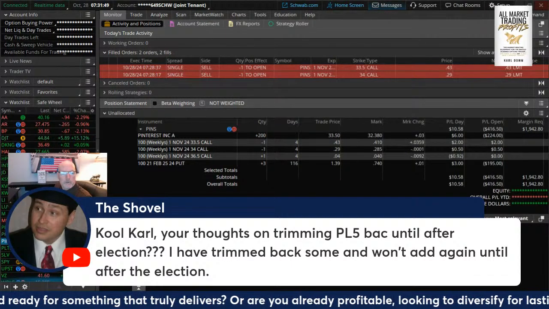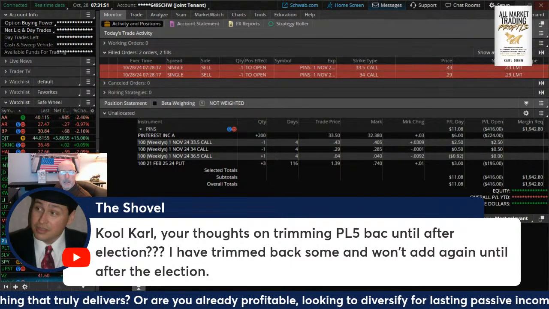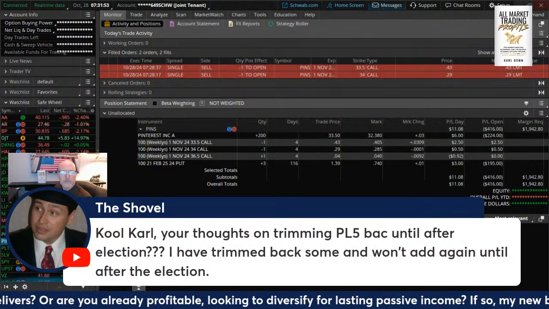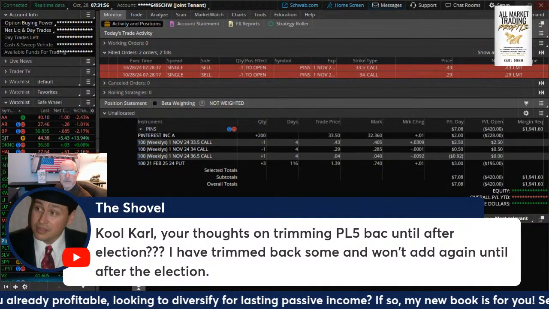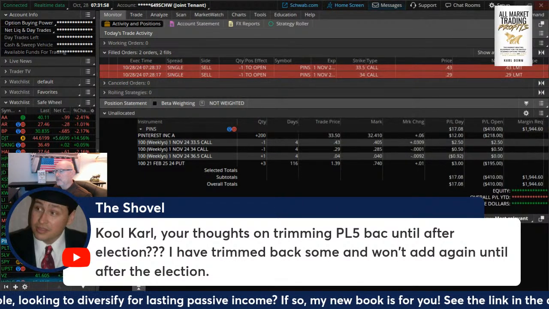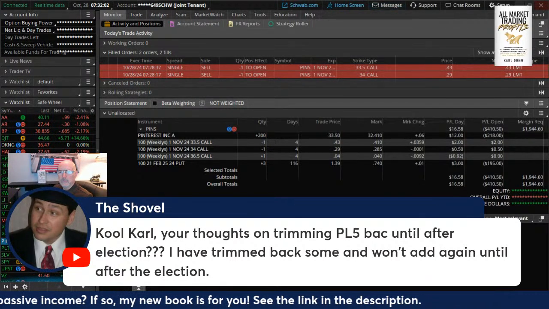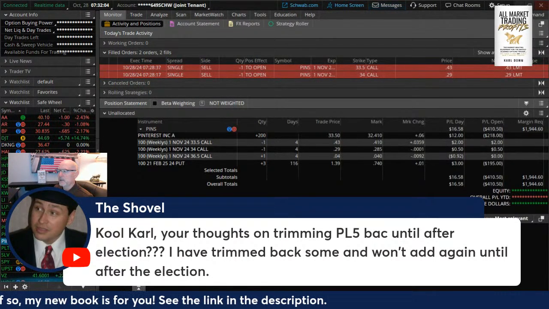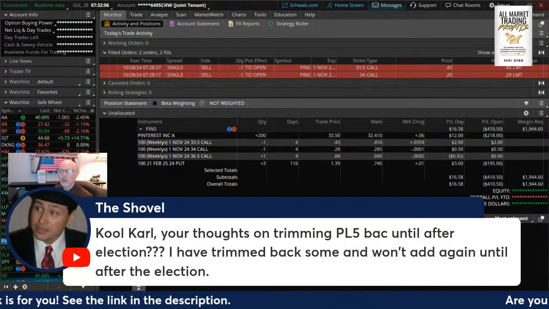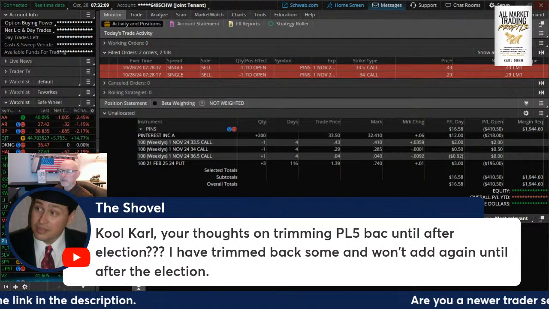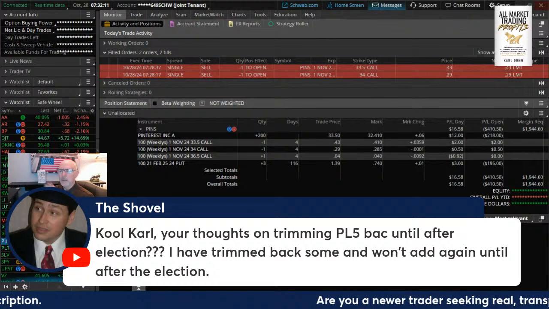Shovel asks, cool Carl, your thoughts on trimming the PL5 back until after the election? I've trimmed back some and won't add until after the election. Well, the thing is, I am not taking any binary events into account at all when I trade the PL5 Pro. That's not part of the trade plan. A binary event is something that you know is going to happen.